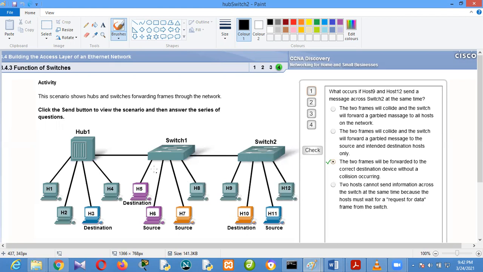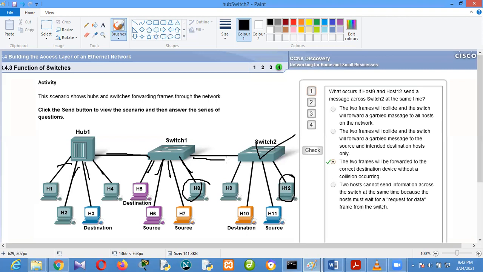Okay. I will ask another question just to be sure that you've gotten it. Not only that, I asked before H8 is asking who is H12. Here, the ARP table is filled up. So the message will go like this: enter the switch. Switch will now flood the message to here, here, and here. So this one will still receive it, this one will still receive it, and this one will still receive it.